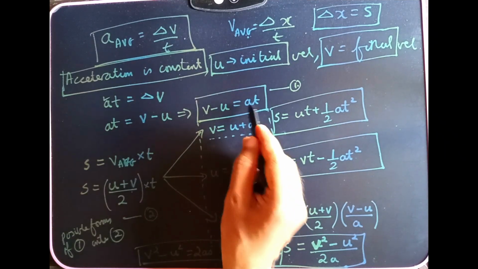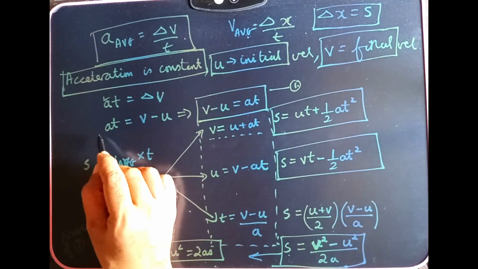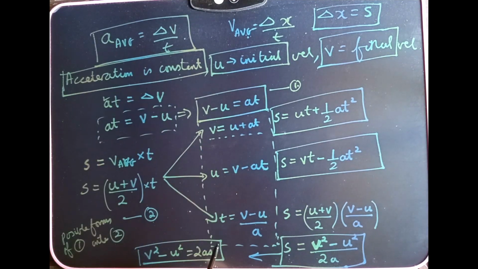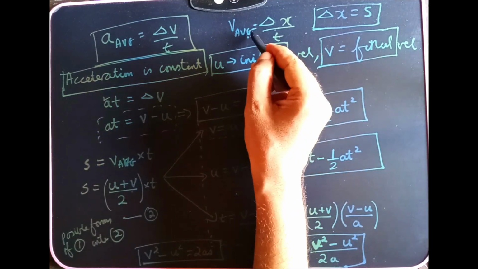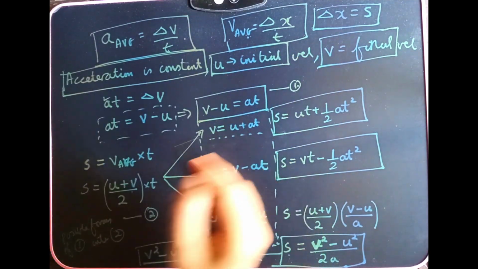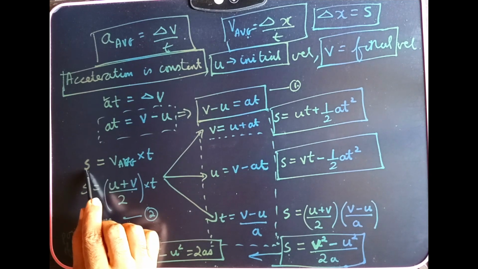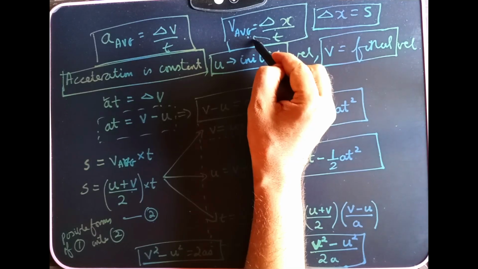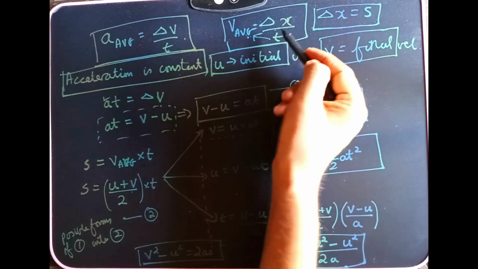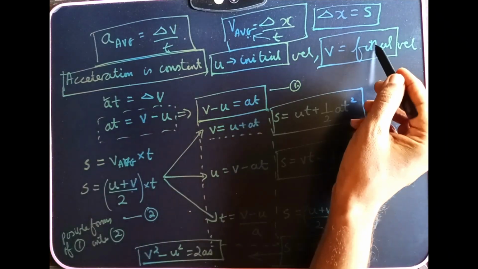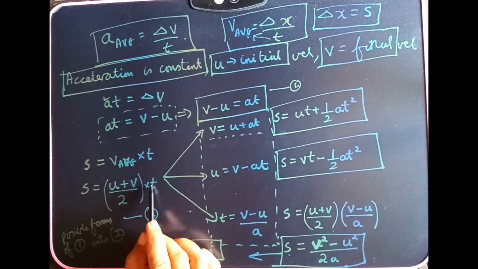So v minus u is equal to at after rearranging. Now from the average velocity equation, we get displacement. Displacement is equal to average velocity into time, and average velocity is final plus initial divided by 2, multiplied by t.